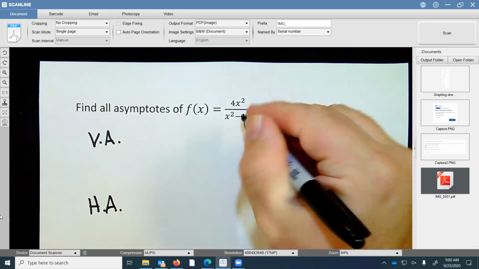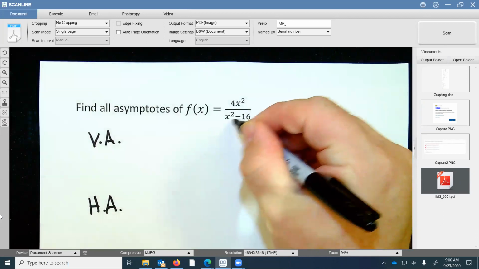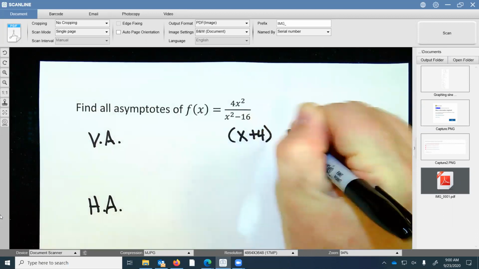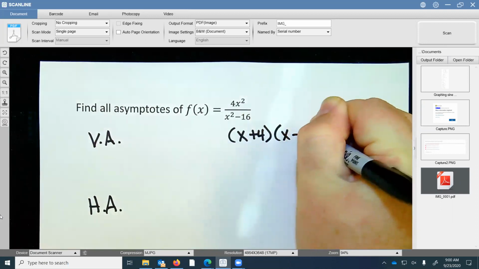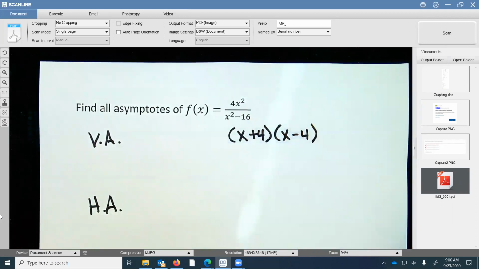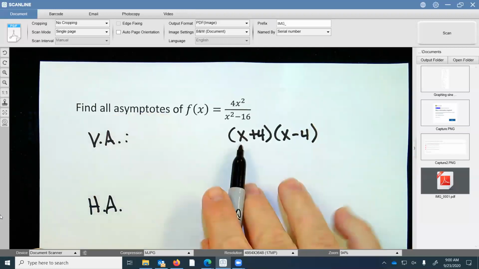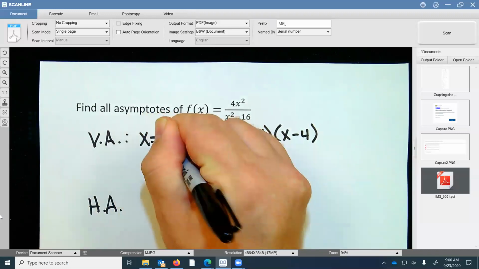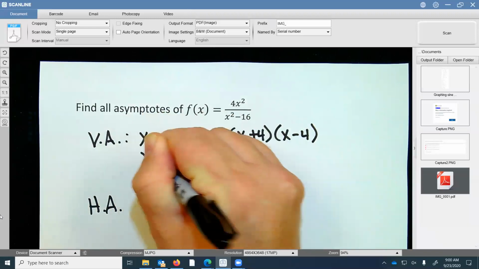The denominator. So this one I can see is a difference of 2 squares. So that's just x plus 4 and x minus 4. So where are my 2 vertical asymptotes? Well, that's -4 and that's +4. So in this one, I'm going to have 2 vertical asymptotes.